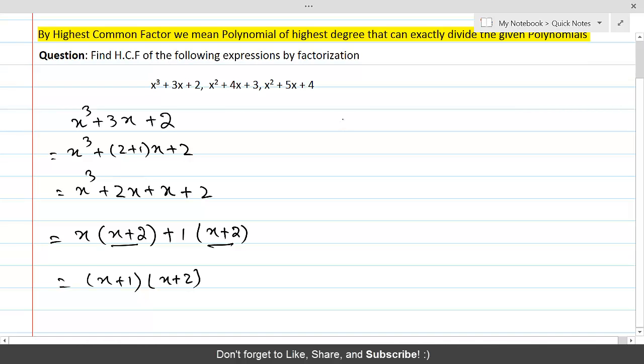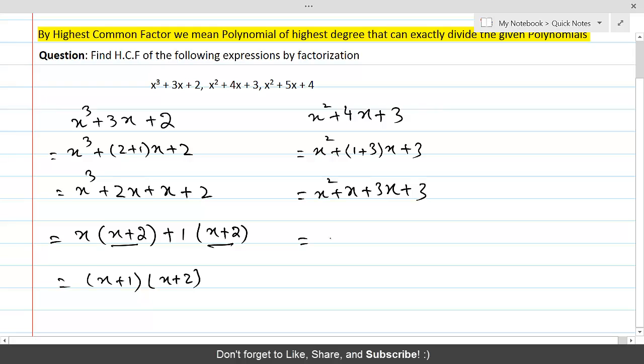Now we take a look at the second polynomial, which is x squared plus 4x plus 3, and we use the AC method again to factorize it. As A is 1 and C is 3, 1 times 3 is 3, and its factors whose sum is equal to 4 are 3 and 1. So therefore x squared plus (1 plus 3) times x plus 3, and this is x squared plus x plus 3x plus 3.